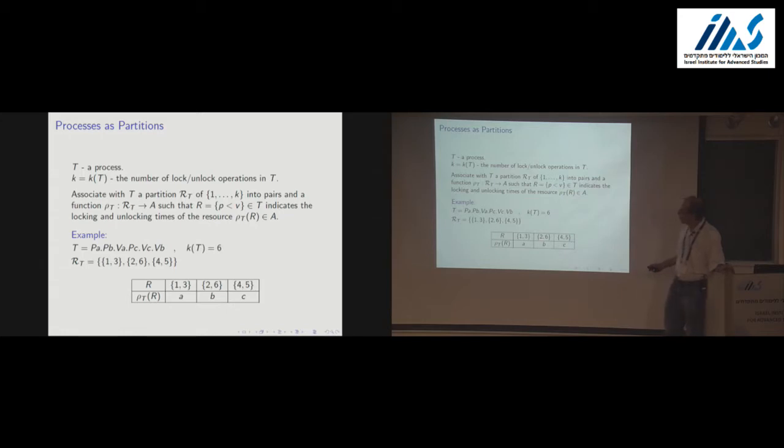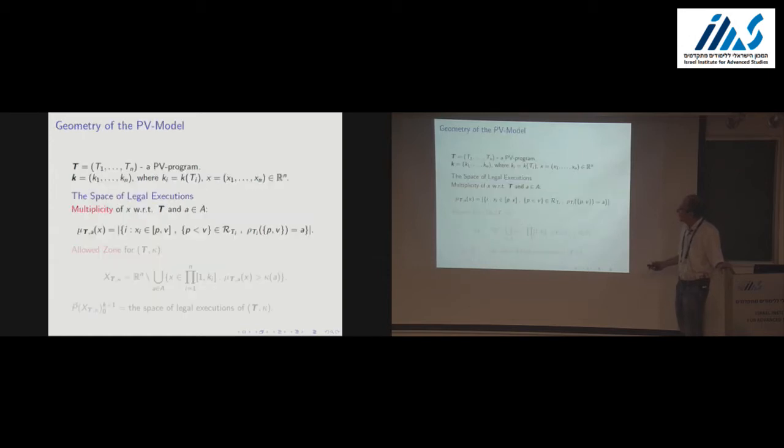You can think of it as just a partition. In all your examples, each resource was accessed once. Right, but this is definitely not the case. Actually, the interesting thing is when you use it again and again at various points, and we'll see that.